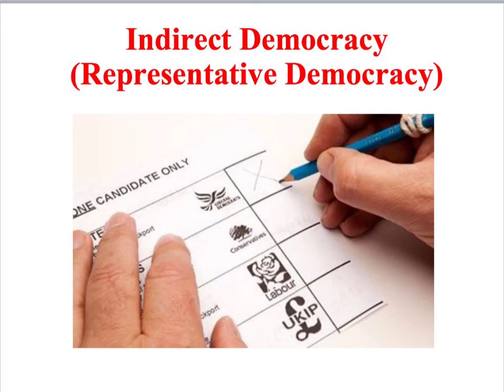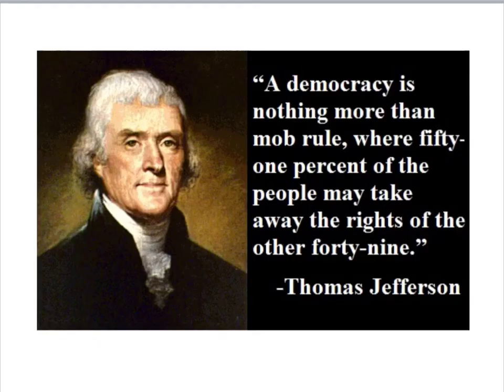Now, even though it's often taken for granted that democracy is a good thing, we need to remember that even within Western societies, there have always been concerns about democracy. This is Thomas Jefferson, one of the architects really of the modern American system of government.